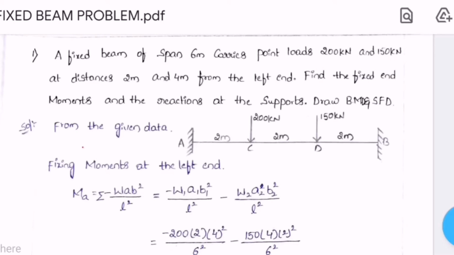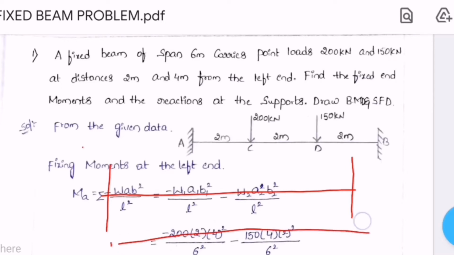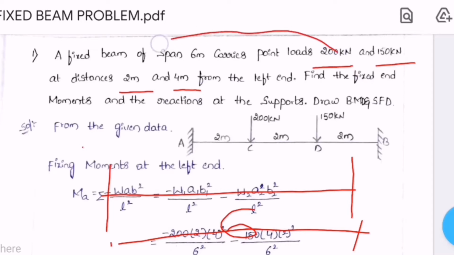So according to the question, first we have to draw a fixed beam like this. So we have a total span of 6 meters, and next we have point loads 200 and 150 at distances of 2 meters and 4 meters from the left end. That means 200 kilonewton is acting at the second meter from the left.